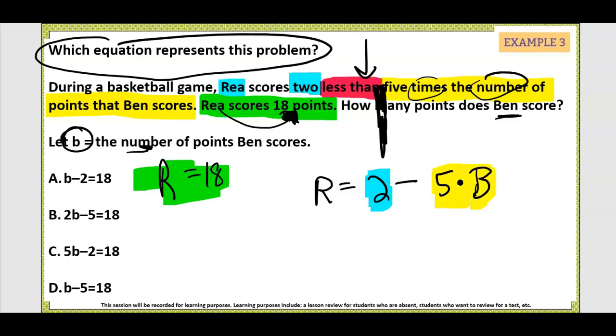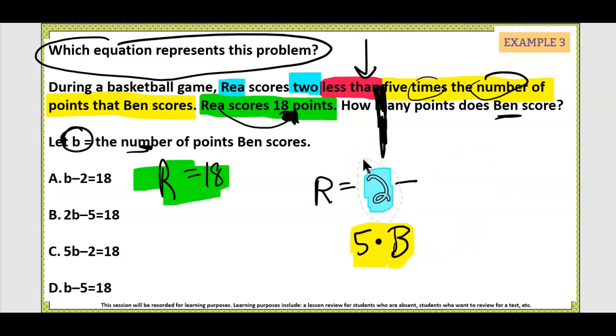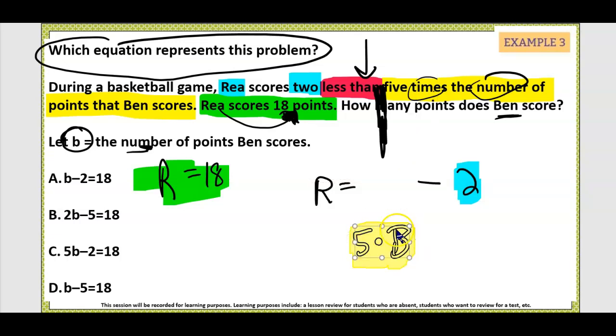All right, so let's switch it. Here we go. All right, can you see what we have to do now?